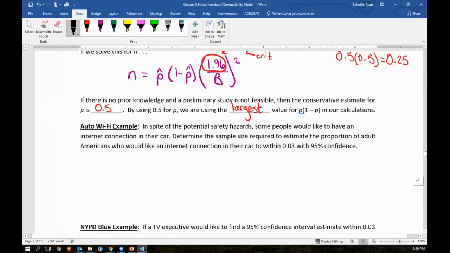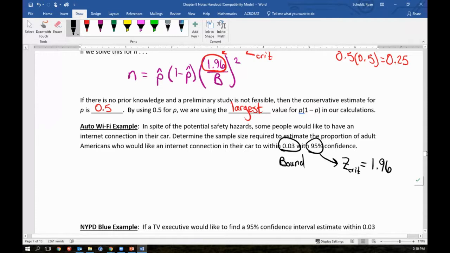Determine the sample size required to estimate the proportion of adult Americans who would like an internet connection in their car to within 0.03. So that 0.03 is our bound. With 95% confidence. What would our Z critical value be? 1.96. Good.